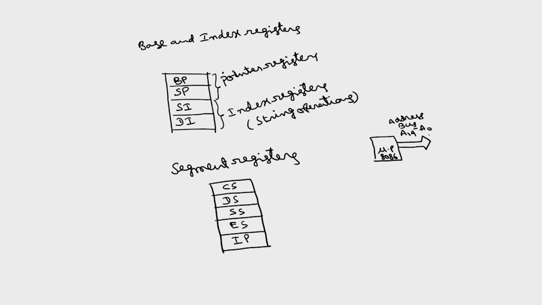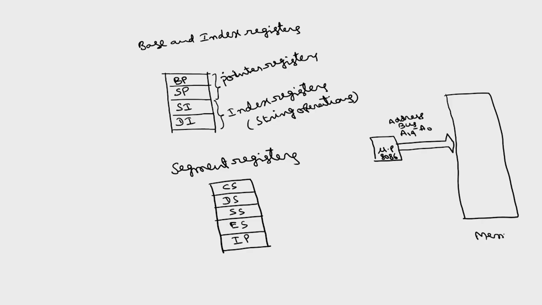The maximum memory that can be connected to this 8086 is 2 raised to the power of 20. So, the maximum memory capacity is 2 raised to the power of 20, which is equal to 1 megabyte.